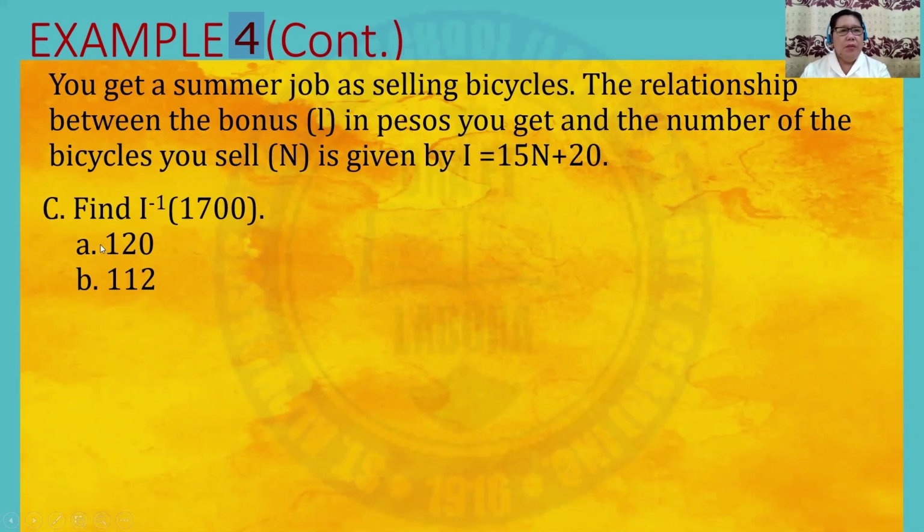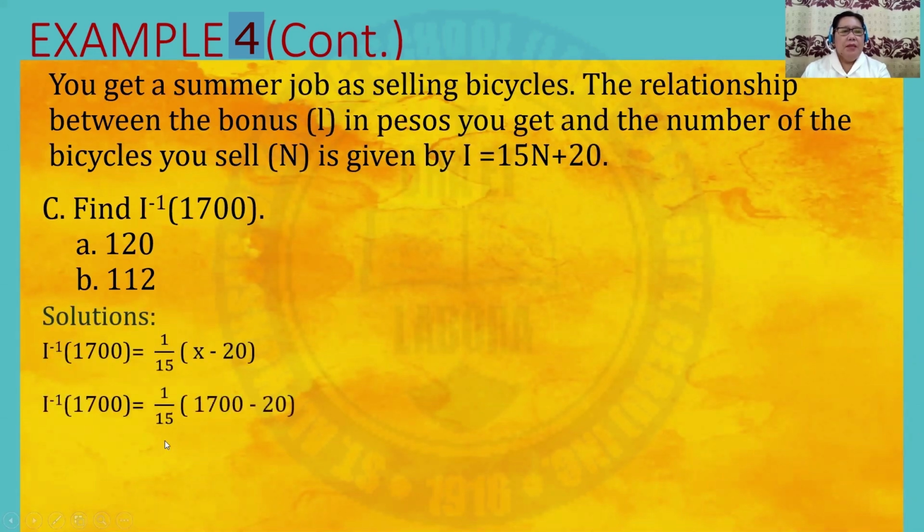Another problem for example 4: find I to the negative 1 of 1,700. Is it A, 120, or B, 112? Let us solve first. Change X into 1,700 minus 20.